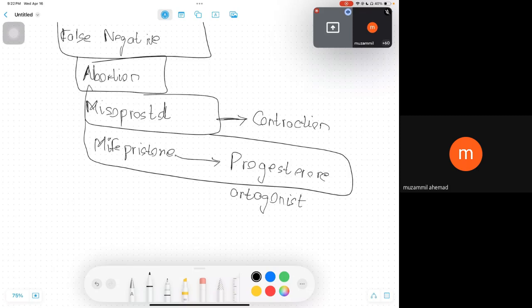Where is it present? Ovaries. Okay, ovaries. So let me give you a scenario. A woman came to you and she had sudden onset of nausea, vomiting, and right-sided abdominal pain. She was in the fourth week of her pregnancy.